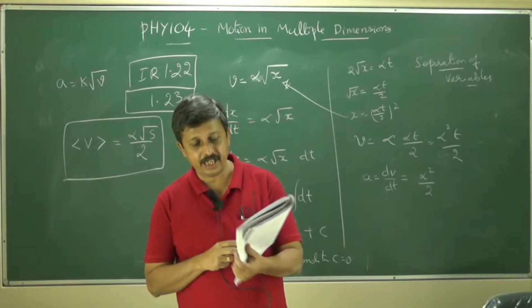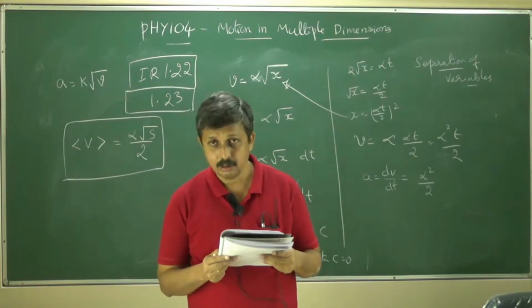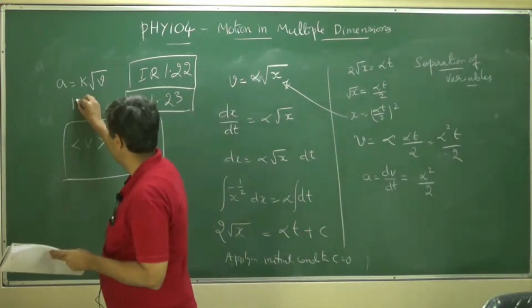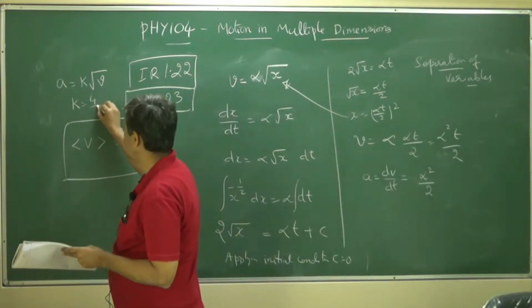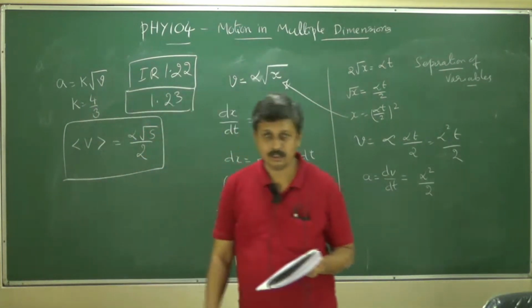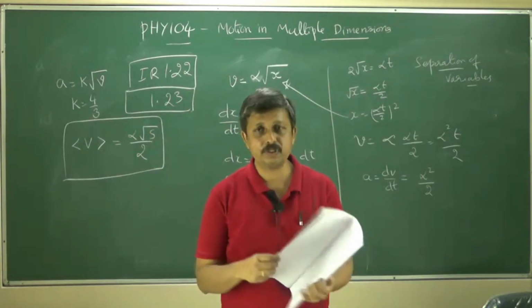Take the value of k as 4 by 3. In the end you substitute 4 by 3.